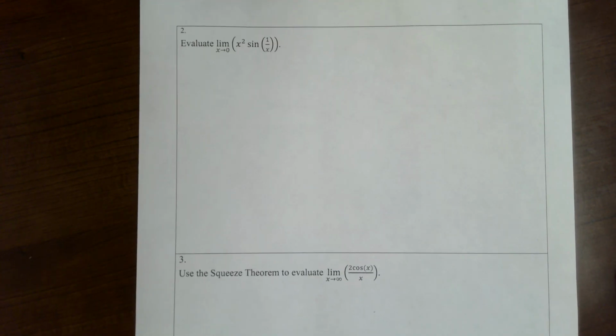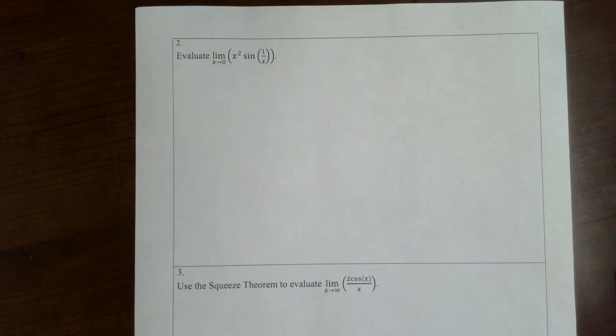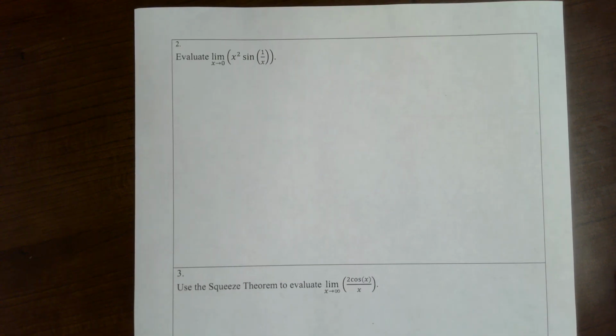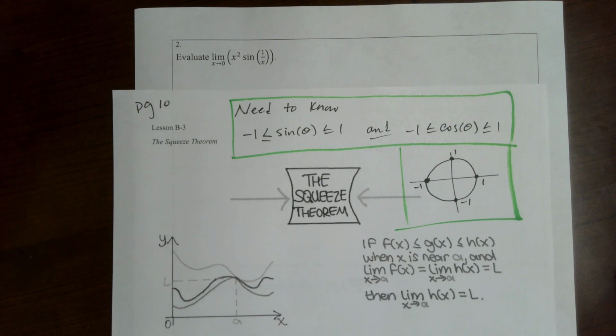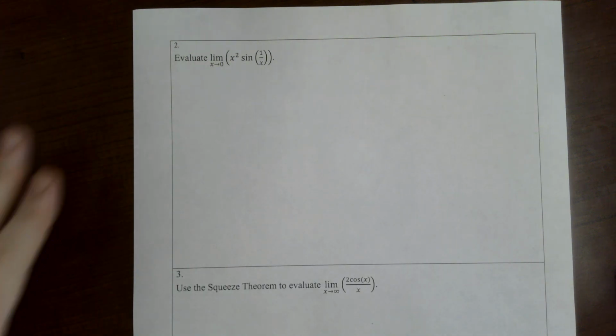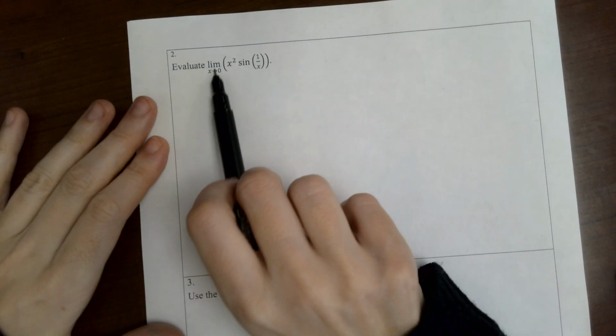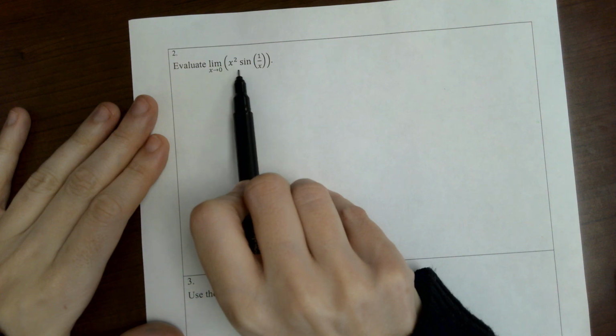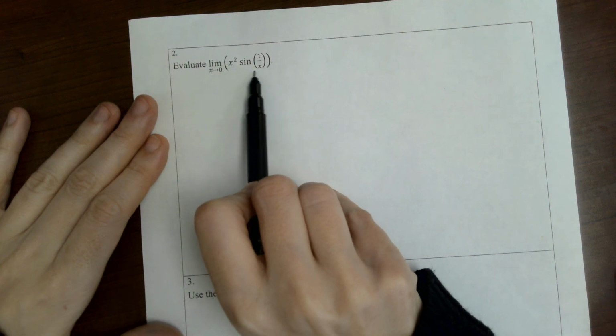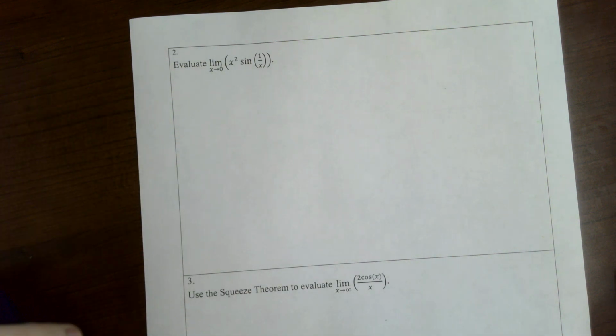Okay, now let's move on to this one. The second and third examples are going to use the inequalities that we wrote down at the beginning. Evaluate the limit as x approaches 0 of this right here.